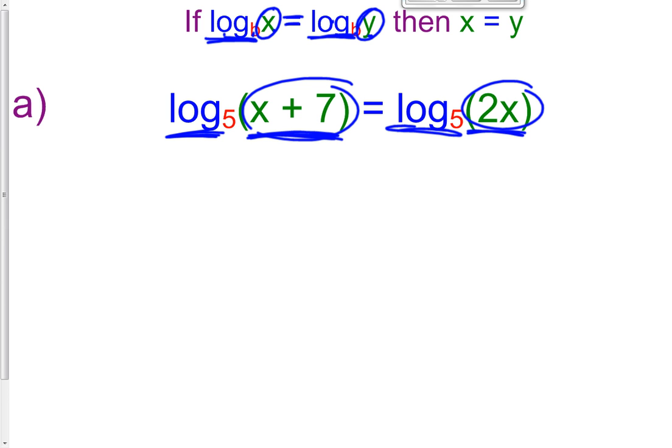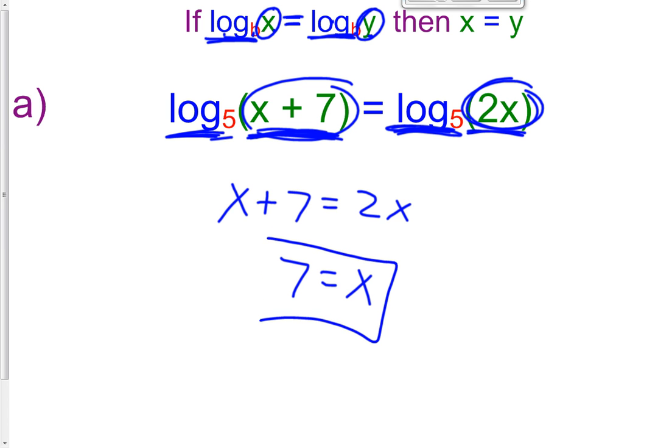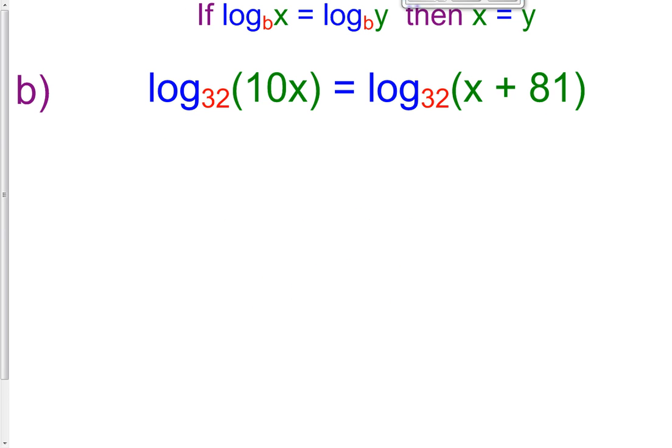Okay, so this log base 5 of x plus 7, because this has a log base 5, can equal 2x. So pretty basic from here on out. X plus 7 equals 2x. Subtract an x from both sides: 7 equals x, or x equals 7. For letter B, hopefully pretty straightforward. The log base 32 and the log base 32 are the exact same log base.